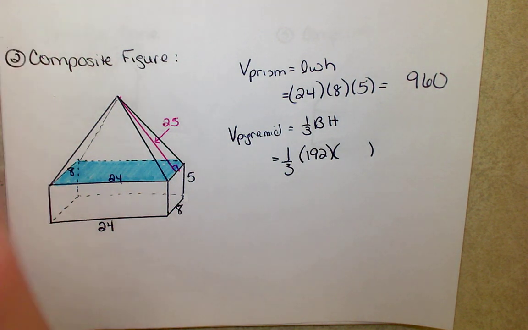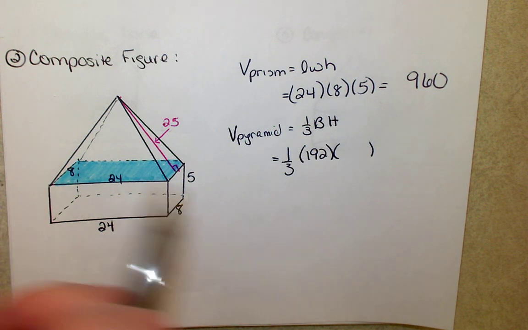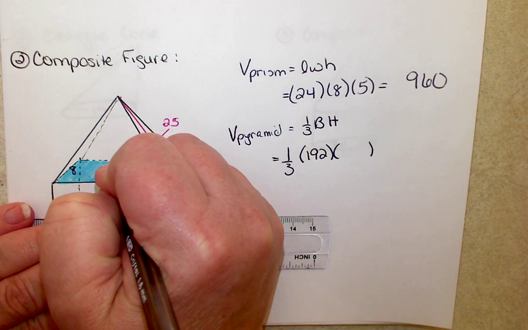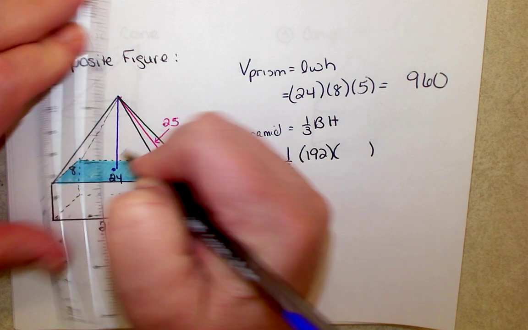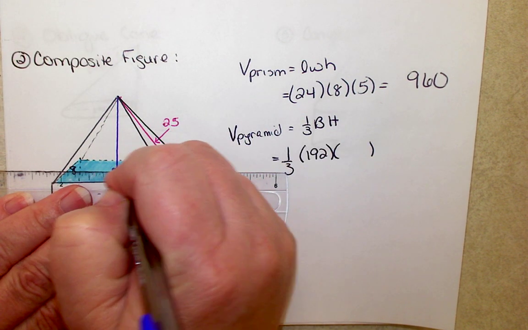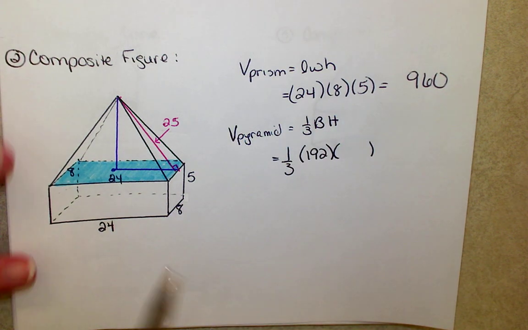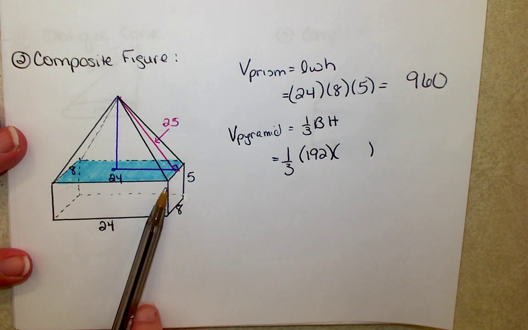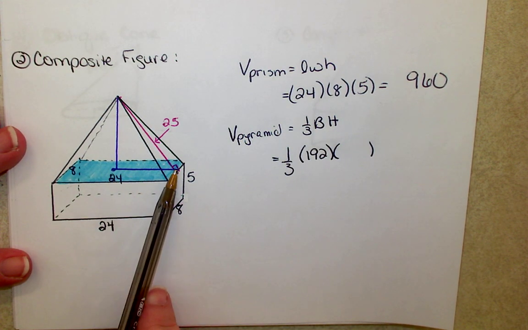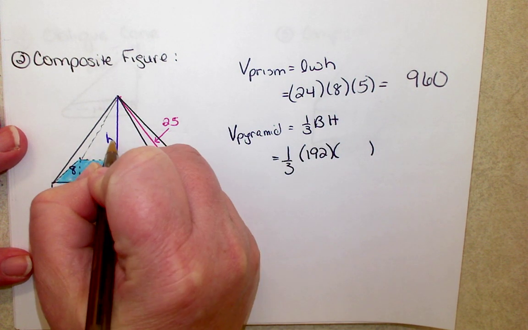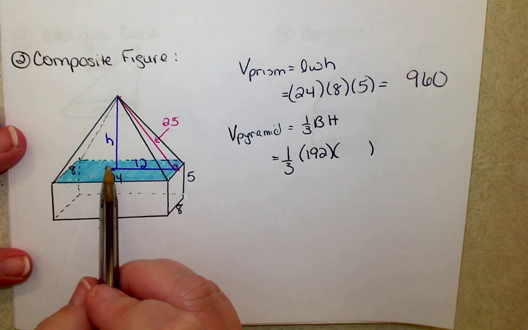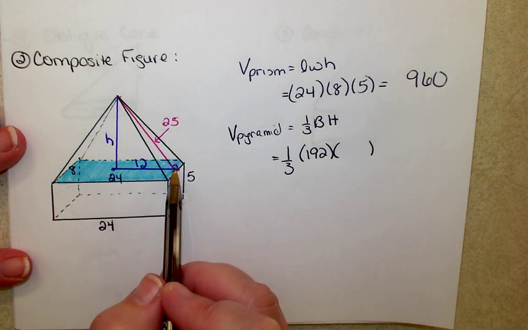And what we're going to do is we're going to come in here, and we're going to draw in our altitude and our apothem. So right here's my center. If all the way across is 24, we know the apothem is half of that base edge. So half of 24 is 12. And I need the height. So what I have again is a right triangle that I know 2 sides for.